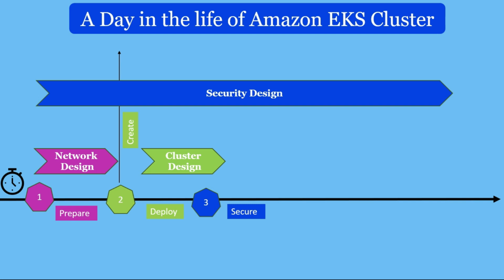And apart from that, we also need to think in terms of hardening the operating systems running on the node. Should we use Amazon EKS vended optimized AMIs, for example, Amazon Linux 2 or Bottlerocket or Windows, or can we use any third-party operating systems like Ubuntu, RHEL, and other distros?